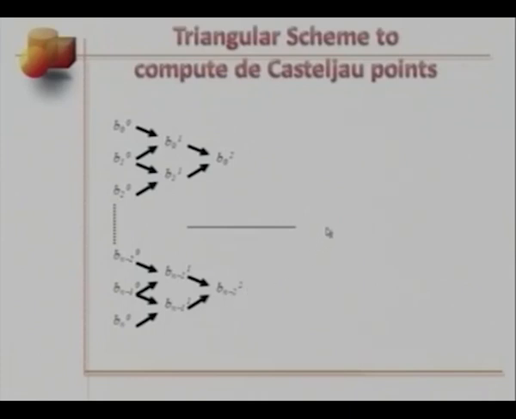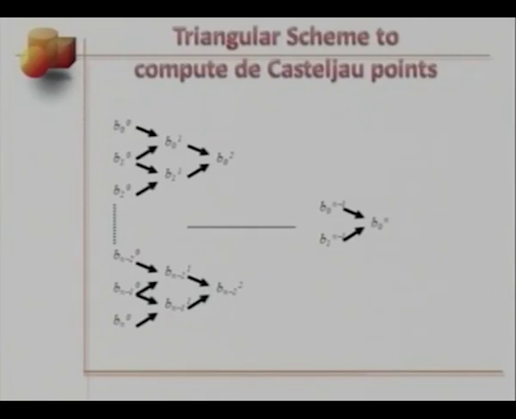We keep on following the scheme until we see the last two points in the last but one stage of linear interpolation as b_0^{n-1} and b_1^{n-1}. And finally, we combine these two to get our b_0^n.